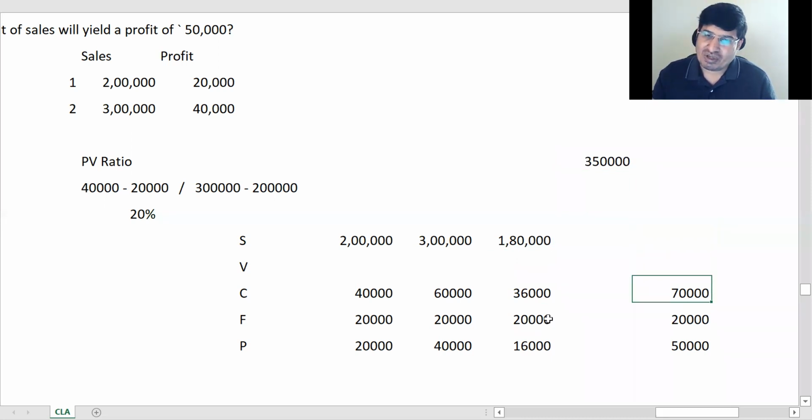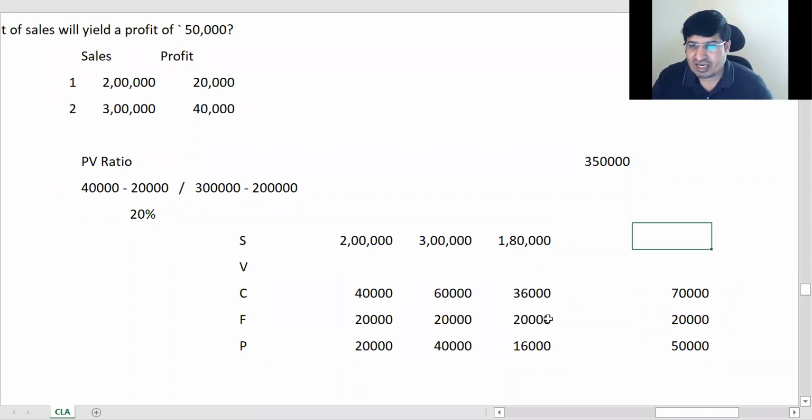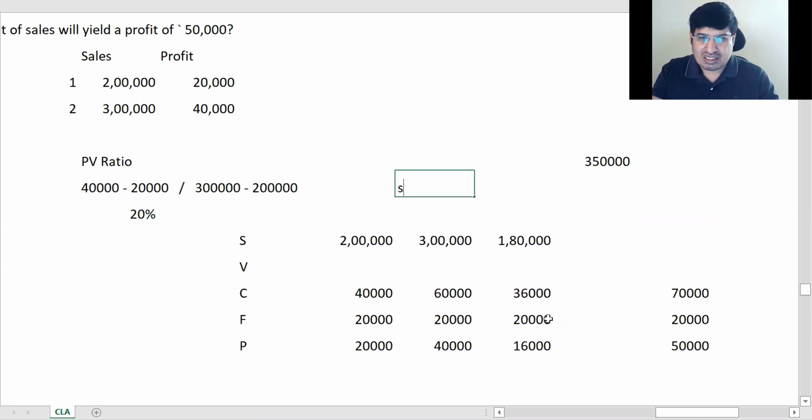So now, what do we know about the PV ratio? It is 20%. Okay, so sales into PV ratio equals contribution, correct?